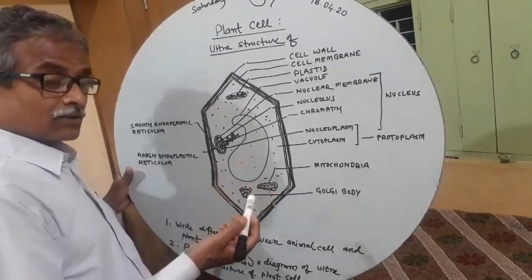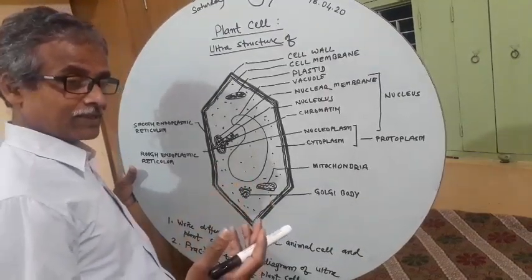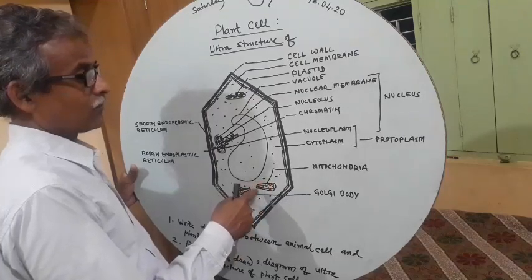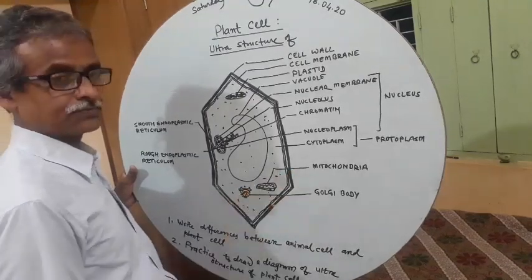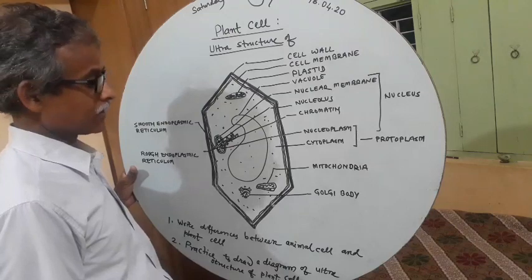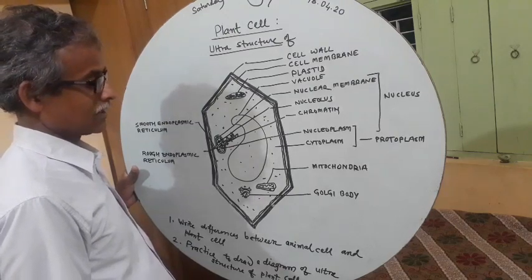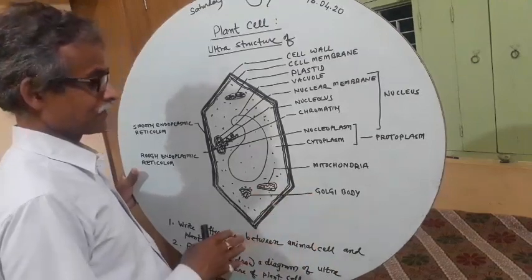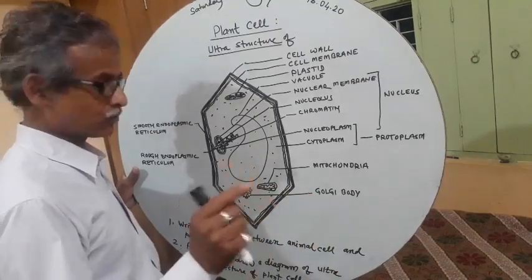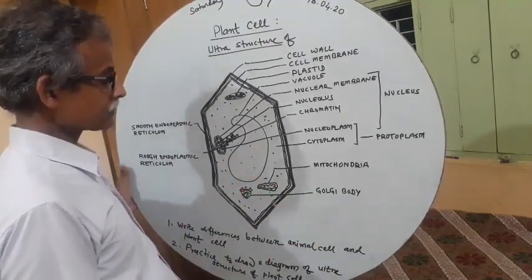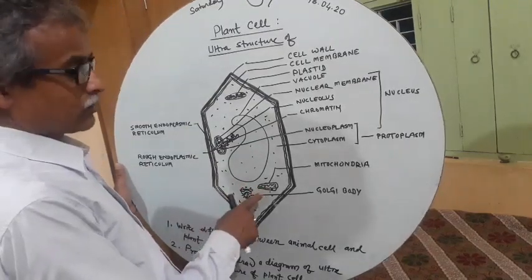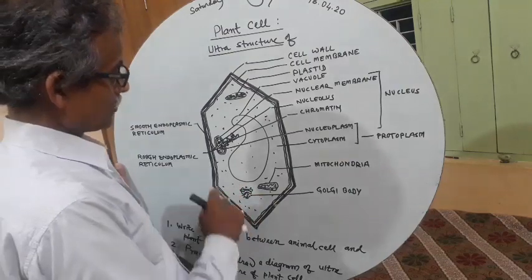Plant cells also need energy, so mitochondria are also found, but the number is less and size is smaller. Golgi body, Golgi complex or Golgi apparatus is also found.